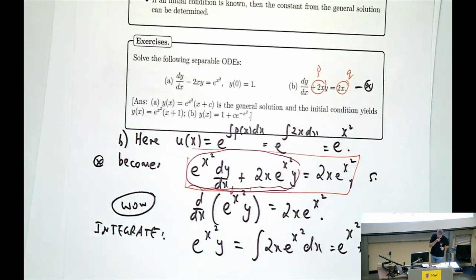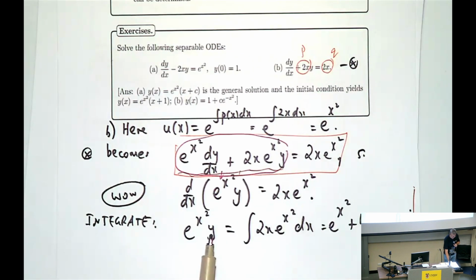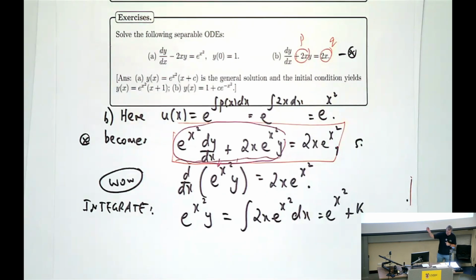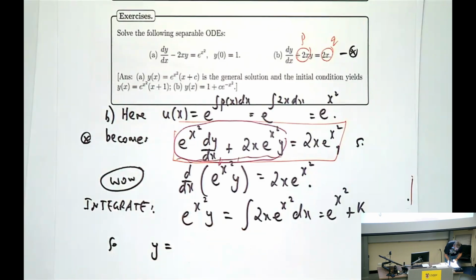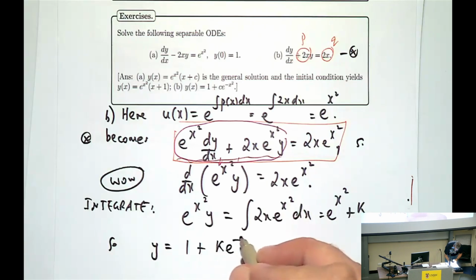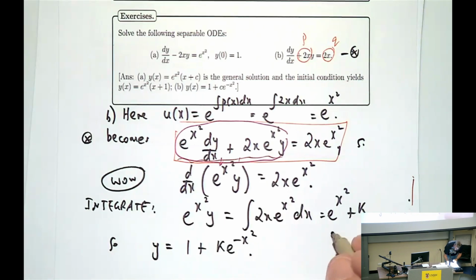And now, let's make y the subject. That's what we're searching for, this unknown function. Bring that to the other side. K equals constant.